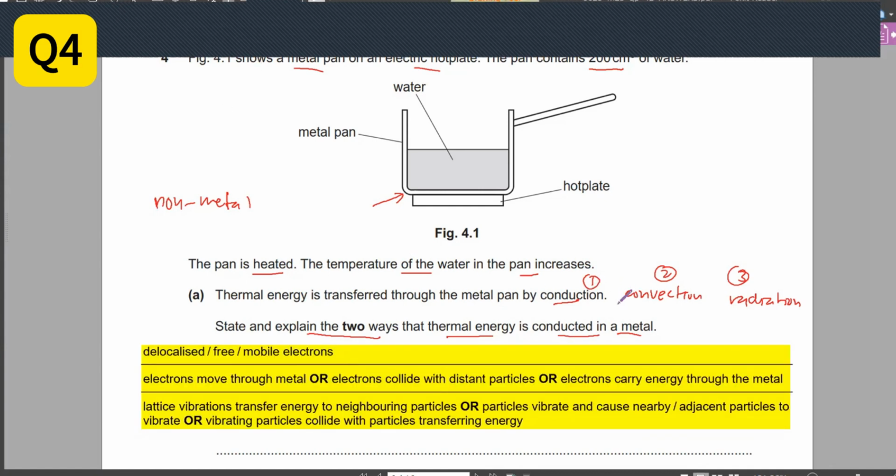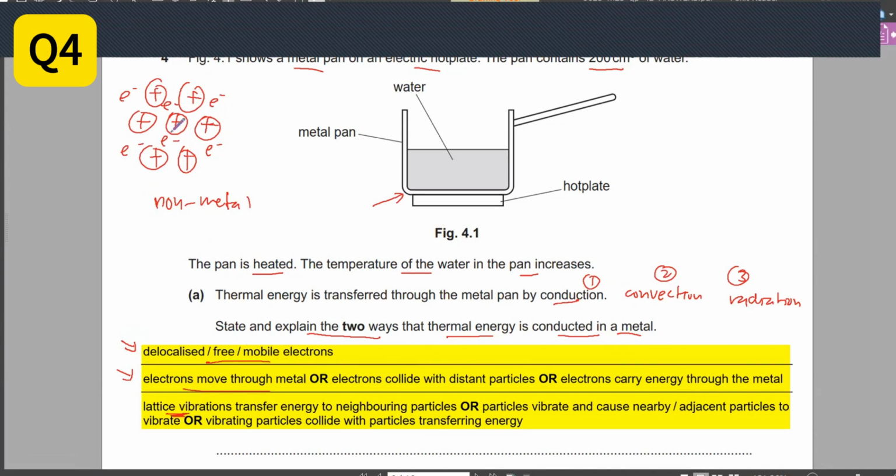First, it can transfer by delocalized electrons. The metallic structure has many delocalized electrons, and these electrons can move through the metal. So when temperature increases, the electrons can move and transfer the heat.